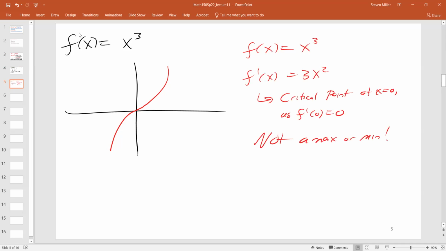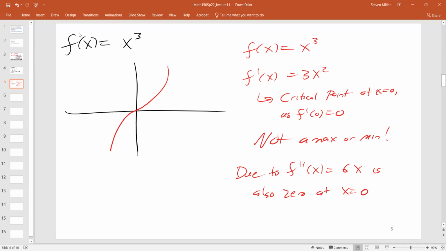All we have to do is find one situation where it fails. And the reason it fails is that f double prime of x, which is 6x, is also 0 at x equals 0. That's what's driving the problem.